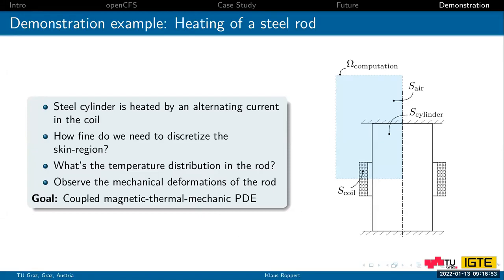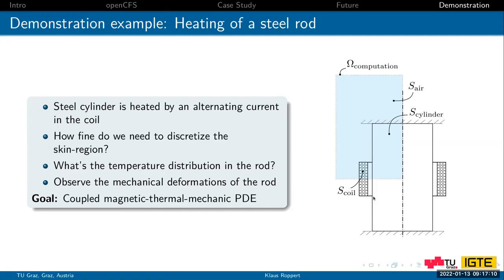And after we've simulated the magnetic problem, and after we can be sure that the mesh is correct by performing a parameter study, we're solving the coupled problem. So what we want to do is solve the magnetic problem.